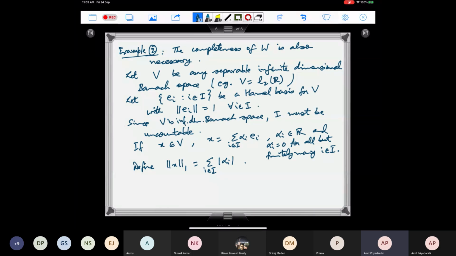So this is a finite sum. So we define a new norm on this vector space V as this.